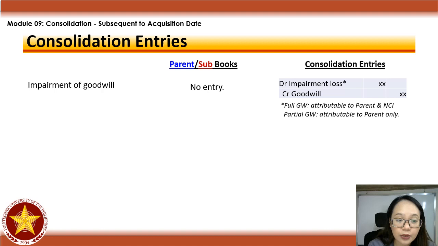Pero kapag partial goodwill naman, dapat yung goodwill attributable lang kay parent yung i-recognize mo sa conso, walang share si NCI. In short, kung sino yung may-ari ng goodwill, siya din yung mag-share sa impairment loss. For the problem, we'll have a separate discussion of this. Pakita ko kung paano siya full goodwill and partial goodwill later on.